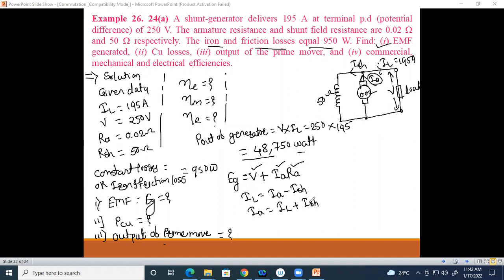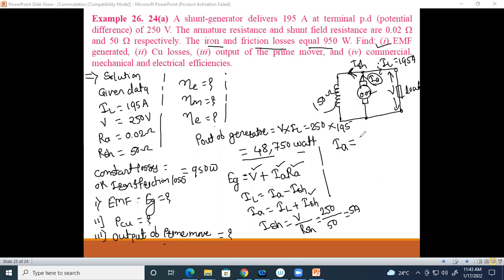Do we have the shunt field current? We calculate it: ISH is equal to terminal voltage V divided by resistance. According to Ohm's law, I is equal to V divided by R. V is the terminal voltage, RSH is the shunt field winding resistance. So 250 divided by 50 gives ISH as 5 ampere.